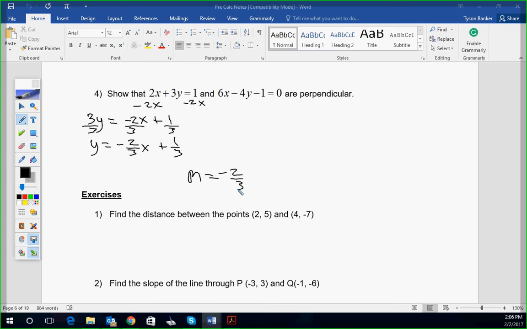So let's see. 6x minus 4y minus 1 equals 0. Add the 1, minus the 6x. And then divide the negative 4 to everything.